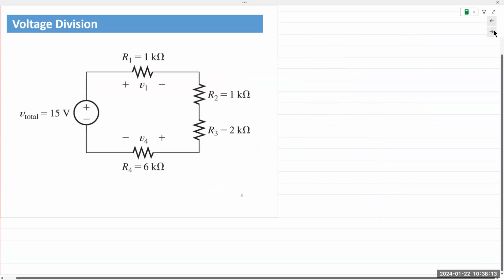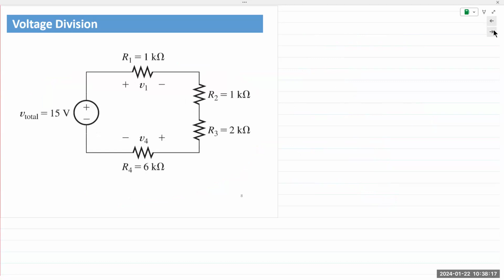So here we have 4 resistors, 1K, 1K, 2K, and 6K, and a 15-volt voltage source. The first thing we do is we remove the source and we determine the total Req between the open terminals.